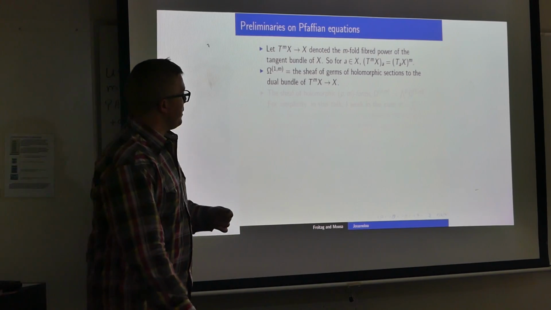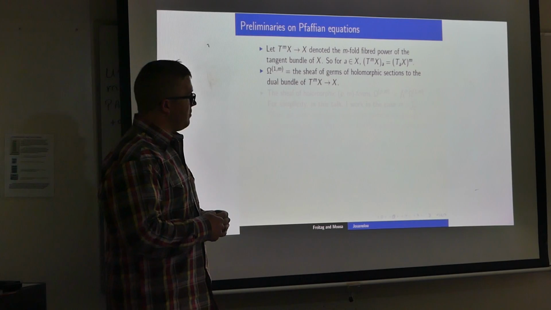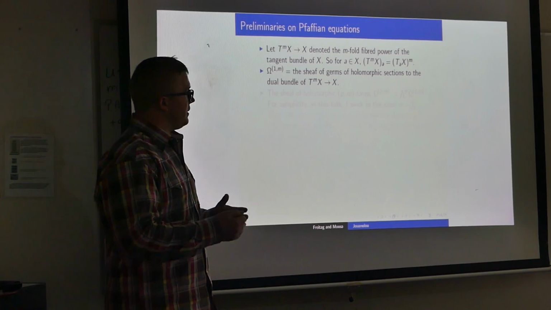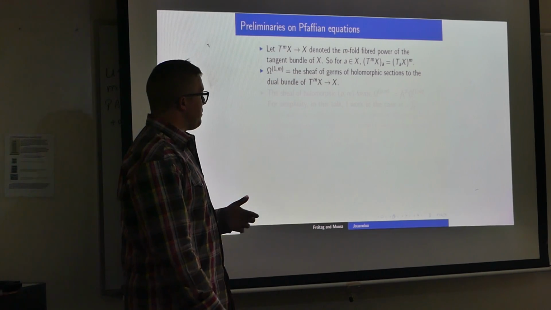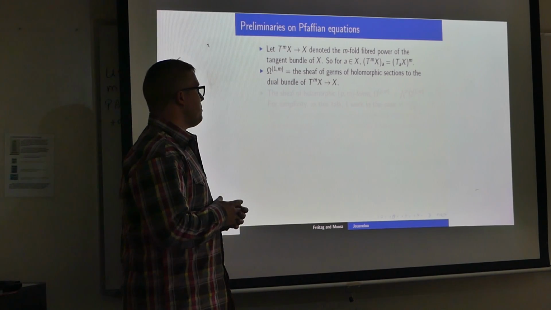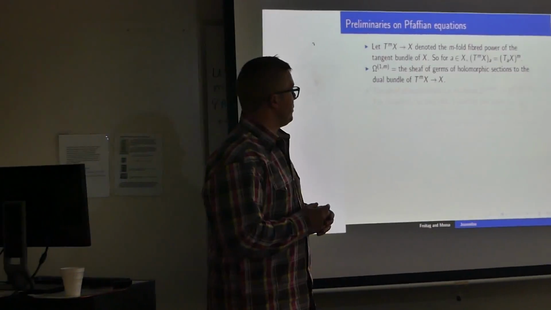Now, I'm not going to be thinking about sections of this bundle or of any bundle in this part of the talk. Instead, I'm going to be thinking about forms or sections of the dual bundle.